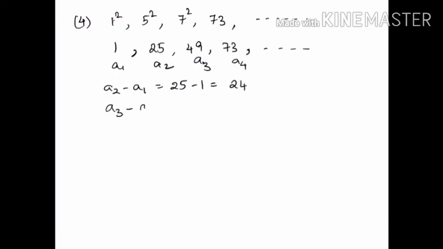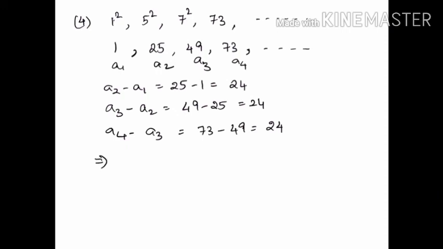Finding A3 minus A2, that is 49 minus 25, that is 24. A4 minus A3, 73 minus 49, and that is also 24. So this implies, since the common difference is same, that this example is an AP.